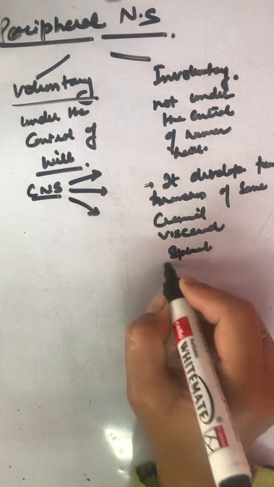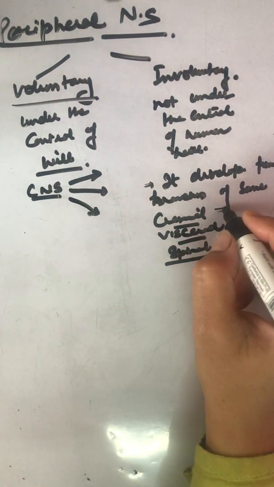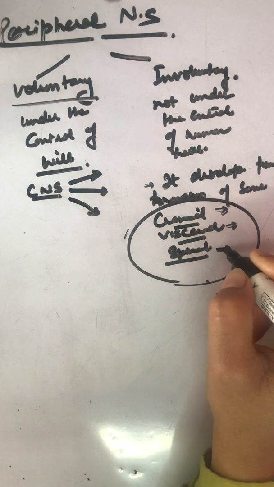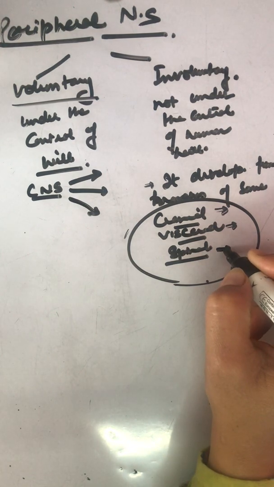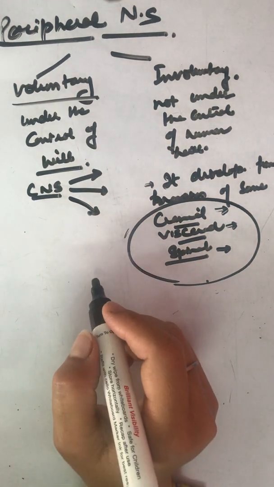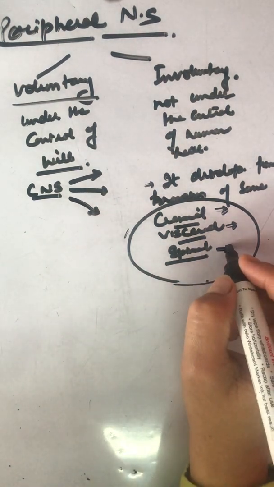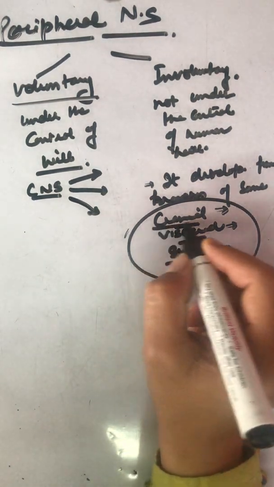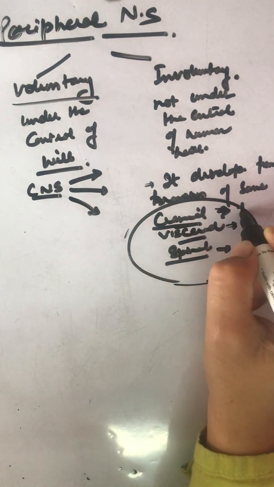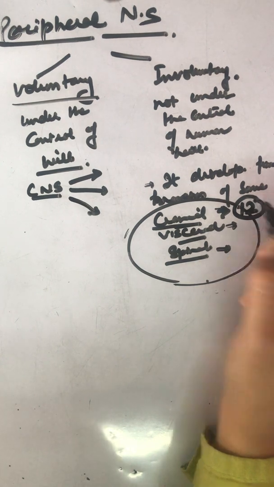What are these? Cranial, visceral and spinal nerves. These are the pairs of nerves which are spread in our body from the spinal cord. Cranial, which arise from the brain, and spread to various parts of the head. These cranial are 12 pairs.